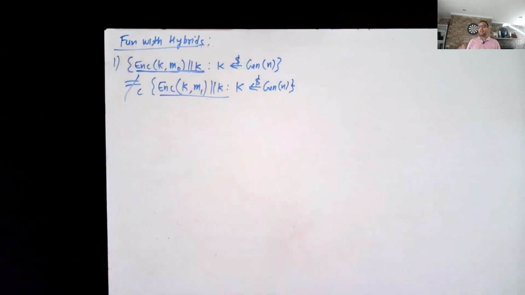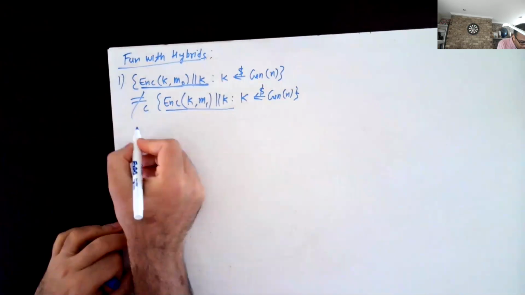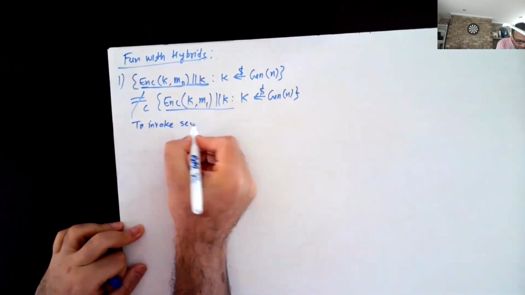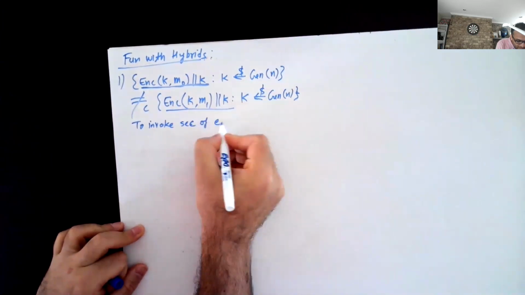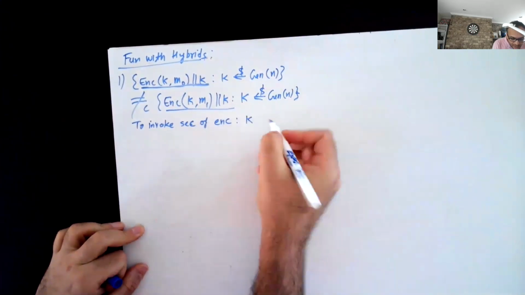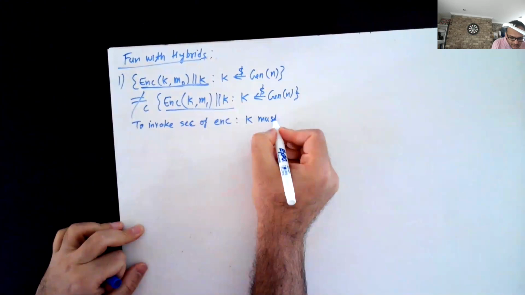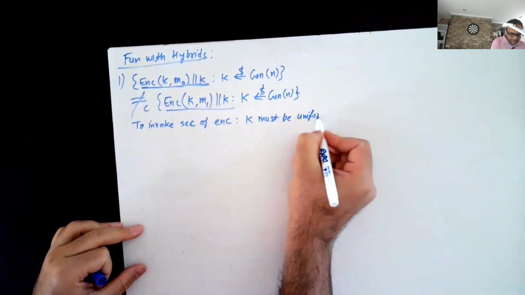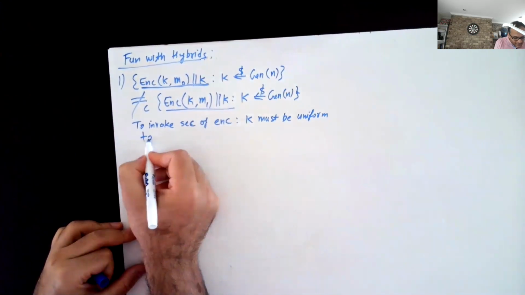Okay, so only in these conditions does the security of encryption hold. So to invoke security of encryption, the key must be uniform to the adversary.